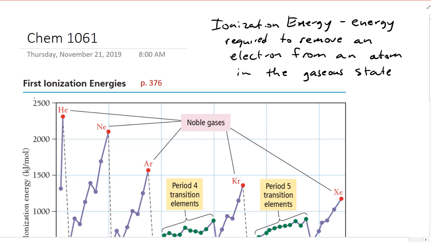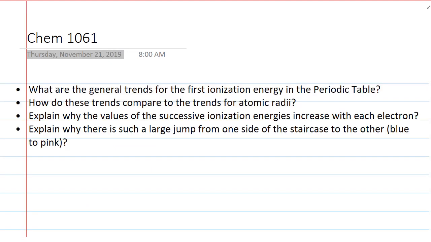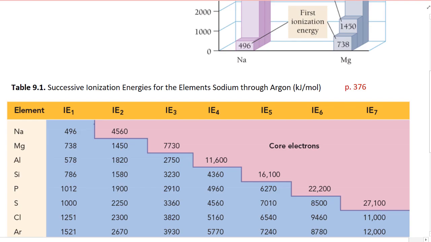Now what we're going to see is that they're given some different labels. We're going to hear referral to the first ionization energy. We will see referrals to the second ionization energy, which we label as IE sub 2. IE sub 3 would be the third ionization energy, fourth ionization energy, fifth ionization energy, and so forth.